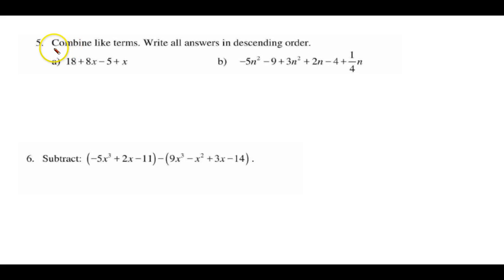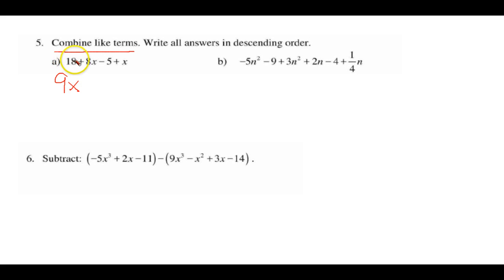So here they're asking us to combine like terms. And like terms are those terms whose variables are the same and whose exponents on the variables are the same. So these are like terms. This gives us 8x plus 1x would be 9x.